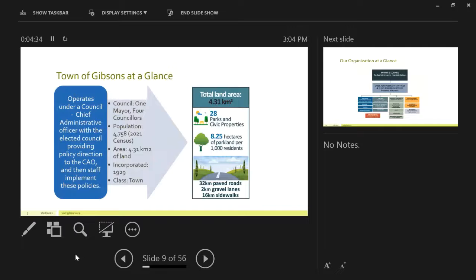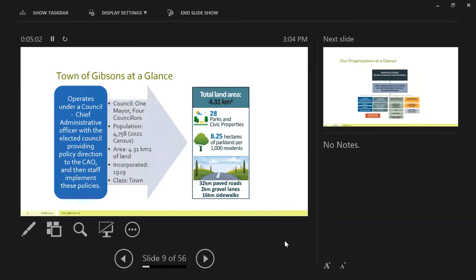So Gibson's at a glance. We operate under a council, and we operate under the model of one employee being the chief administrative officer. That role then gives us policy direction through the CAO for staff to implement. We have a land total area of 4.31 square kilometers.